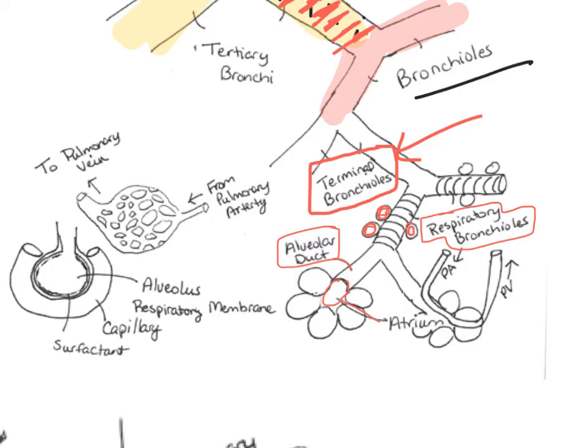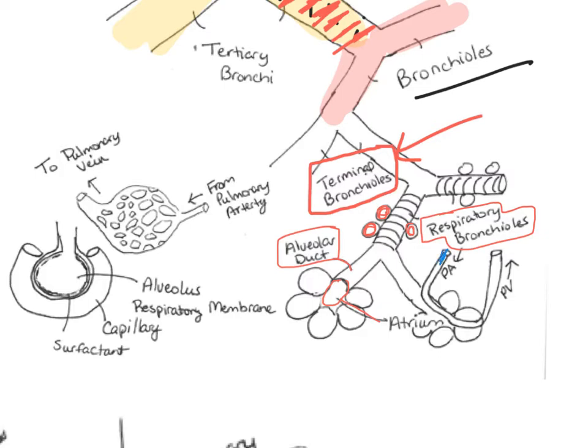Now, the other thing is that we have blood vessels that surround all these alveoli. The pulmonary artery is coming from the right ventricle, and it's going to keep branching and branching into little capillaries. I should draw it in blue, because it is blue.